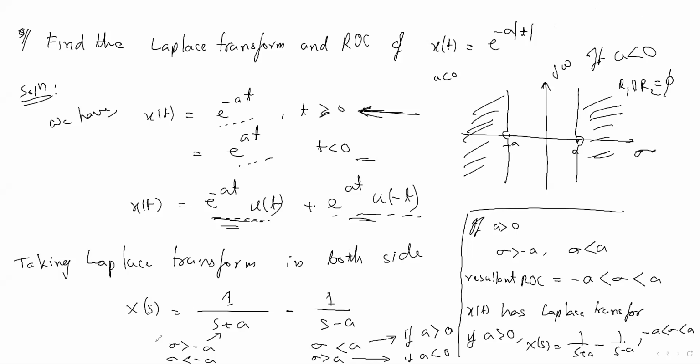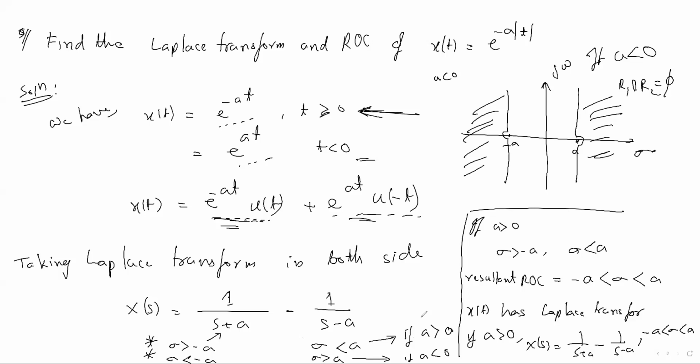When you are going to find the ROC, you check these two conditions. For each numerical you should check these two conditions, if a letter value is given. If a numerical value like 2 or 3 is given, like e to the power 5t or e to the power 7t, then no problem.